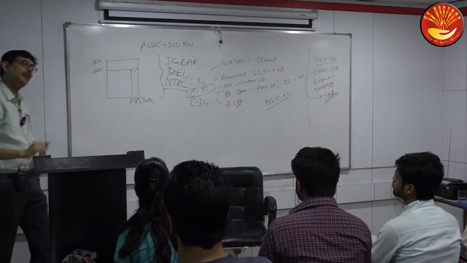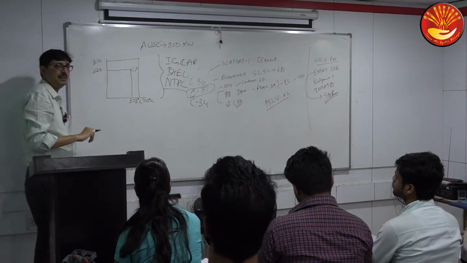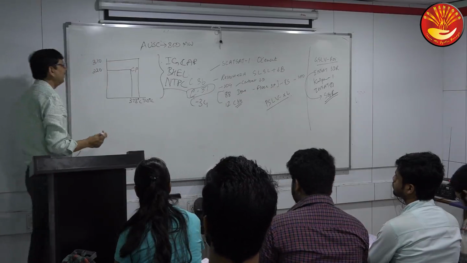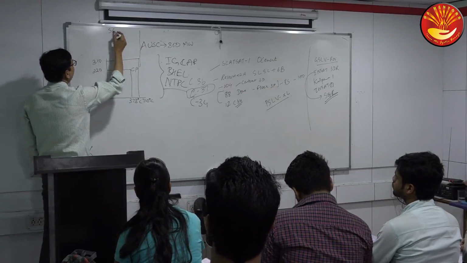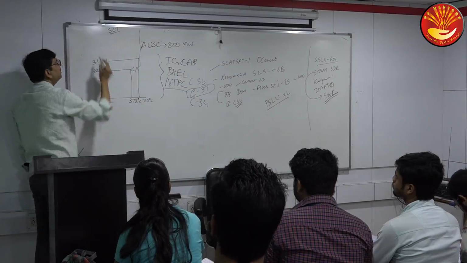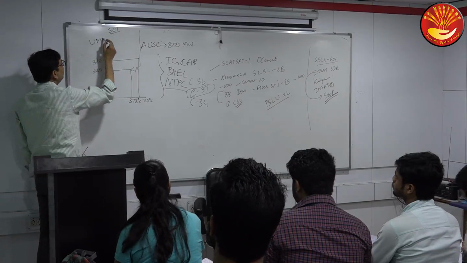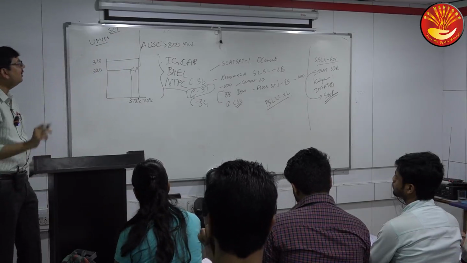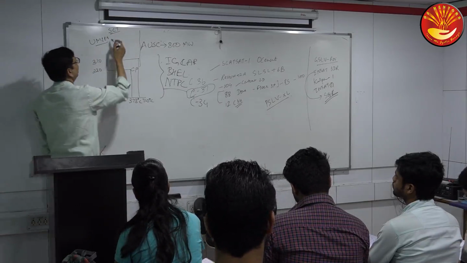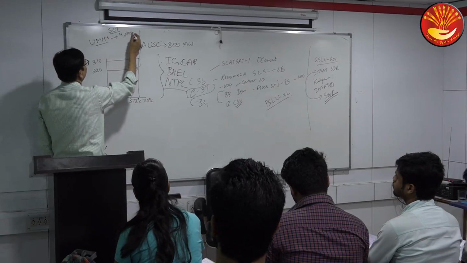Please remember. What about supercritical temperature plants? Do we have them? Yes, we have. If you see supercritical power plants, we are already having UMPPs, ultra mega power plants, with a capacity of approximately 4,000 megawatt.